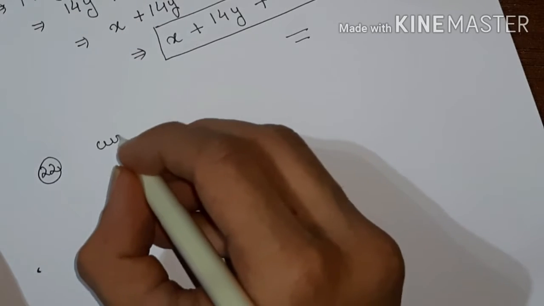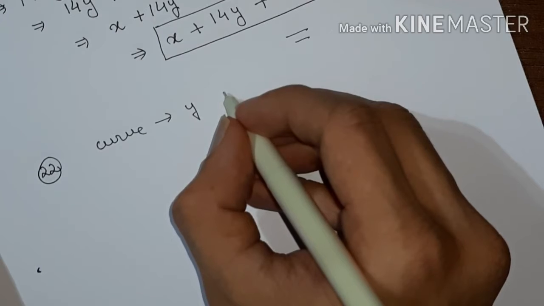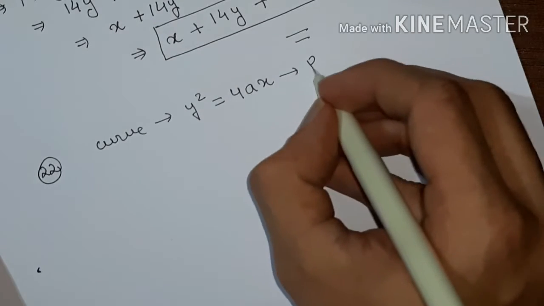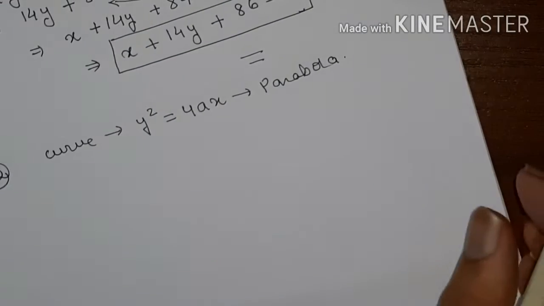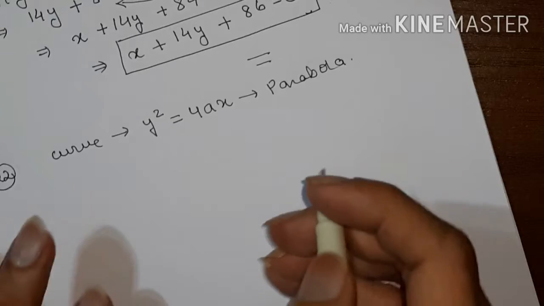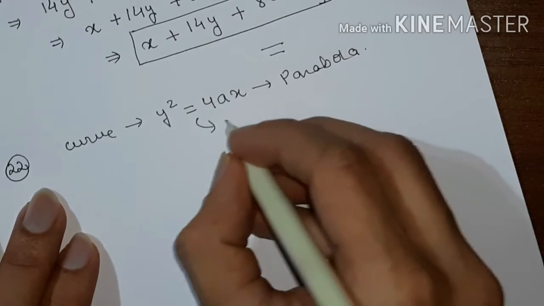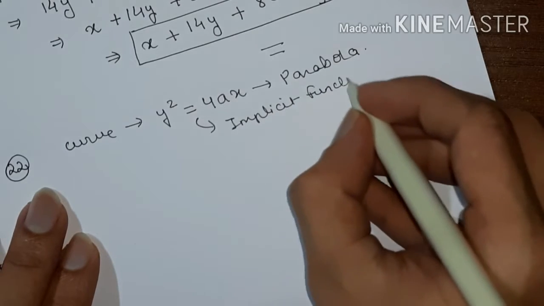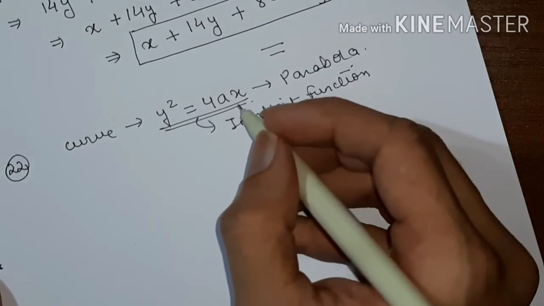So the curve given is y square equal to 4ax, which is the parabola. Now see, this is an implicit function of y. Why is it? Because you cannot write y in terms of x.